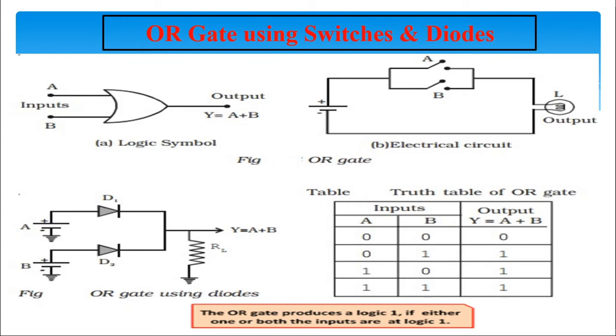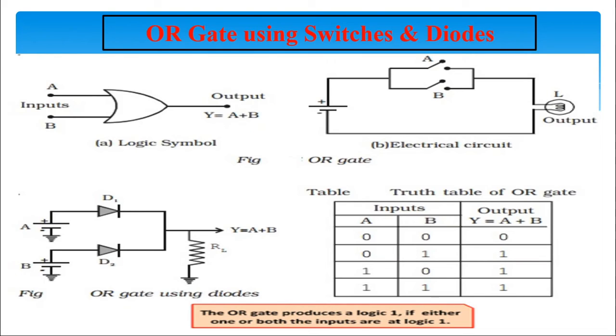That means D1 remains in non-conducting state and there is no current flowing through diode D1, but D2 is in forward bias condition and therefore current will flow through diode D2 and also through resistor RL, and output is high and the voltage is ideally equal to plus 5 volt or equal to VCC. In terms of binary, when A equal to 0 and B equal to 1, then output Y is equal to 1.